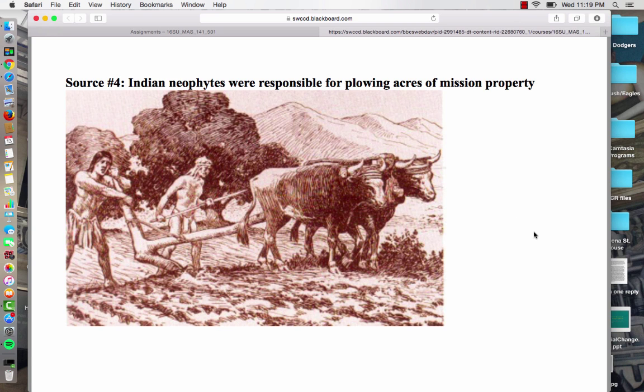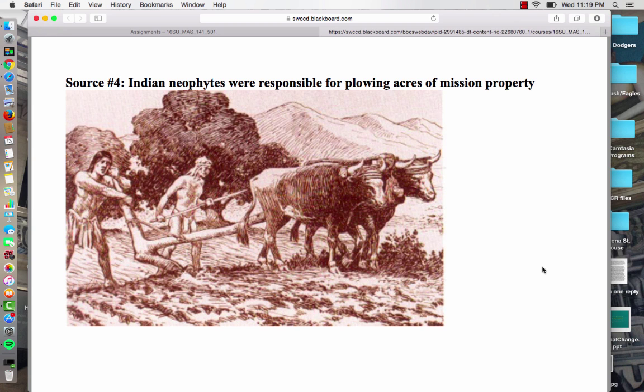The California Indians had no tradition of working with these types of beasts of burden, but of course the Spaniards changed all that. You can see by the reaction of these two men, an older man and a younger man, that they're struggling, trying to navigate these beasts as they plow fields.